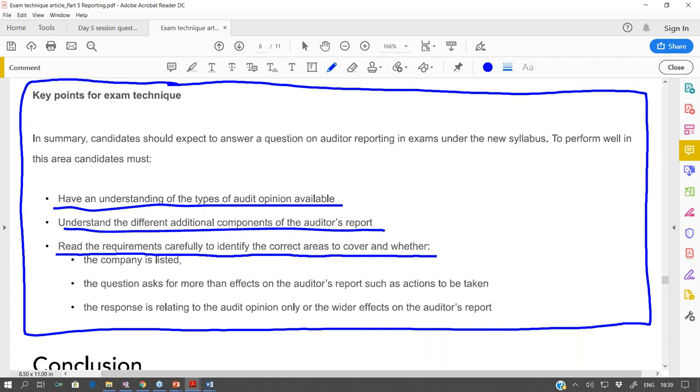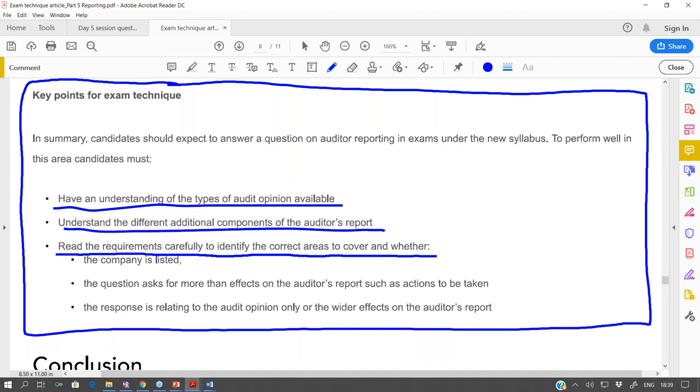If you read the requirements carefully, will you know exactly what is to be done in the question? Is the question asking us to give opinions, or is it asking us to give components like KAM or the other matter paragraph? So read the requirements carefully.